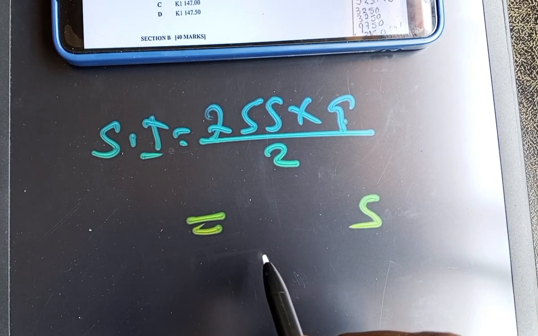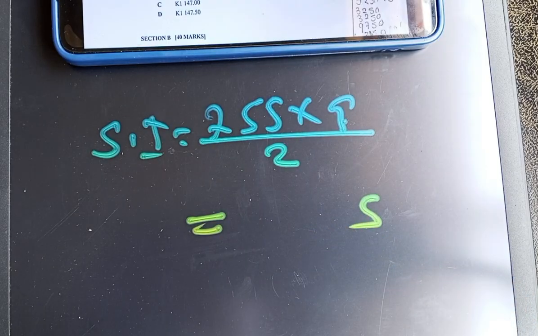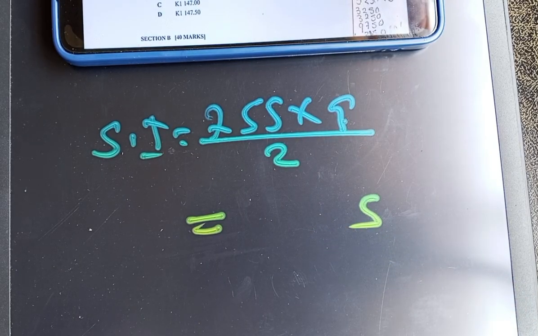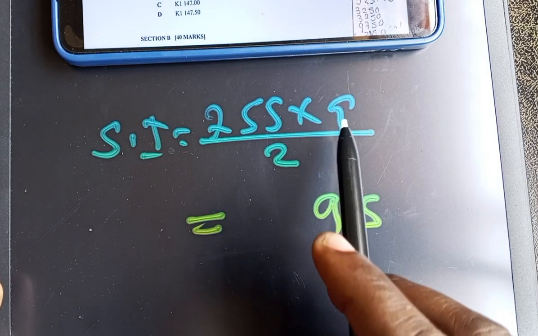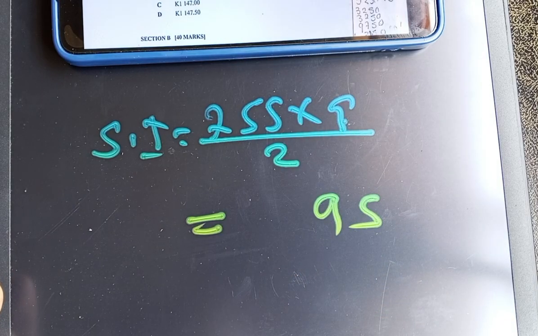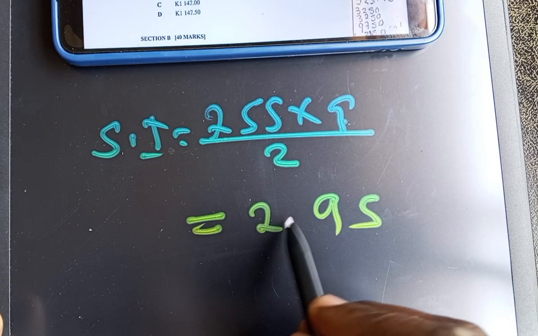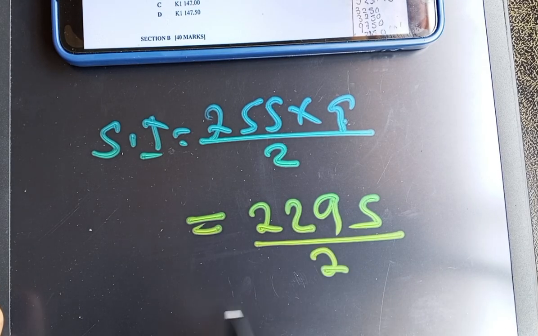We write 5, carry 4. 9 times 5 again is 45. 45 plus 4 gives 49. We write 9, carry 4 again. 9 times 2 is 18. 18 plus 4 is 22, all over 2.